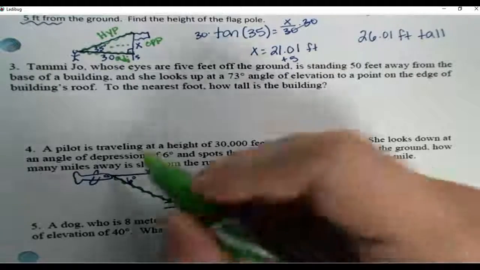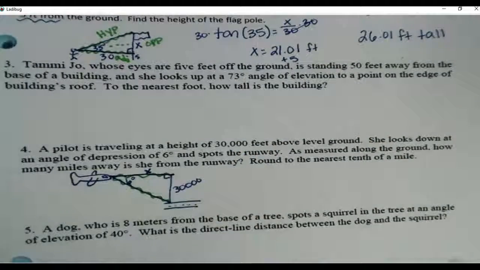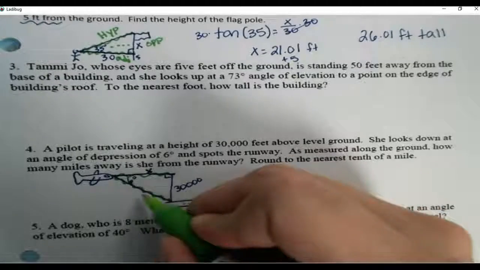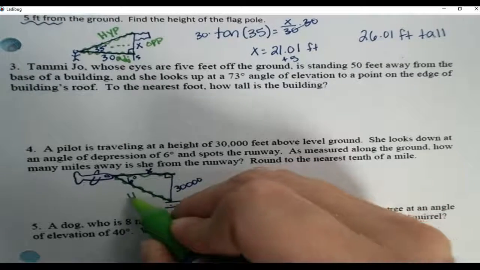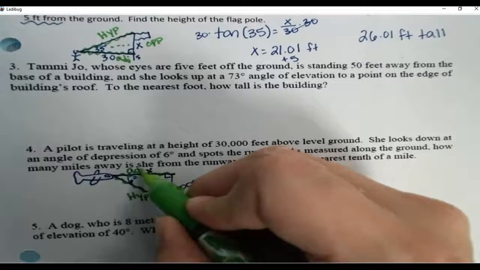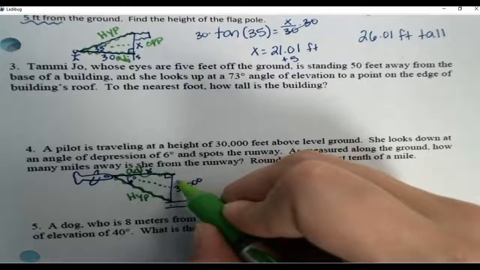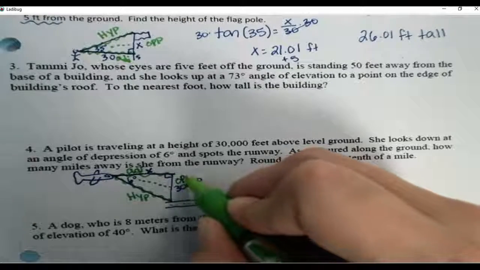So here's our 6 degrees. So across from our right angle, we have the hypotenuse. X is our adjacent. And we're going across the triangle, so that 30,000 is our opposite.